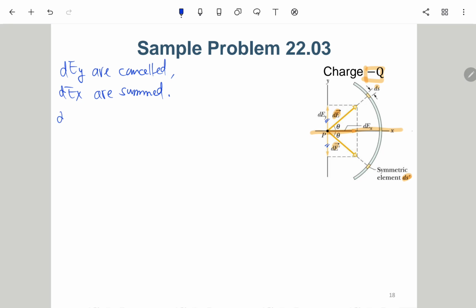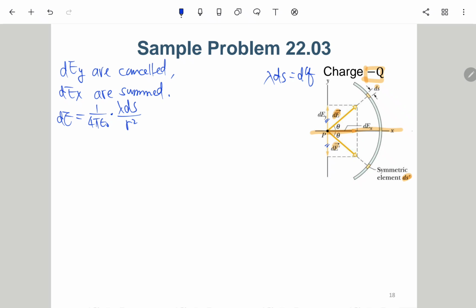So dE is 1 over 4 pi epsilon naught times, similarly, lambda ds over r squared, where r is the radius, and lambda ds is also the dq. Lambda is the line charge density.